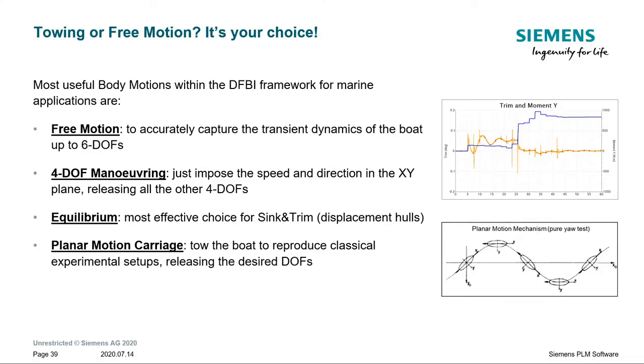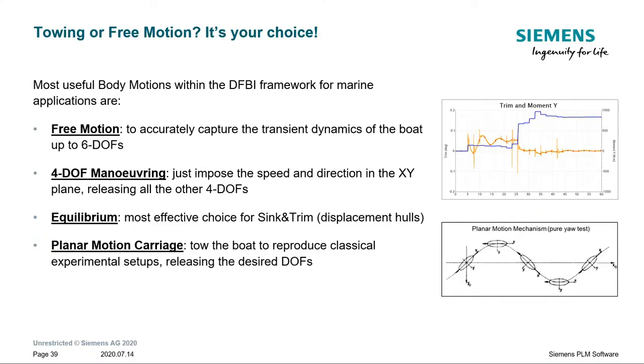Also, it's quite used, the equilibrium motion, which is the most effective choice for sink and trim simulation for displacement hulls, since it converges very fast to the equilibrium configuration.